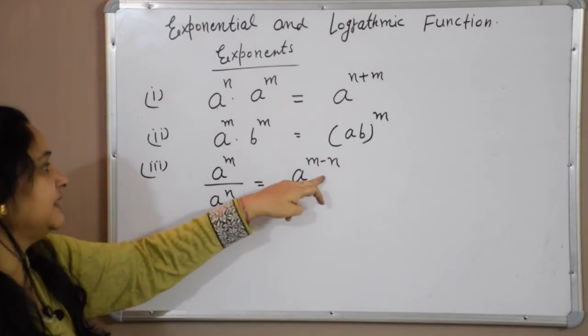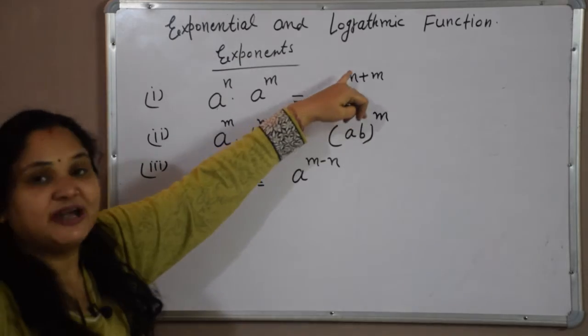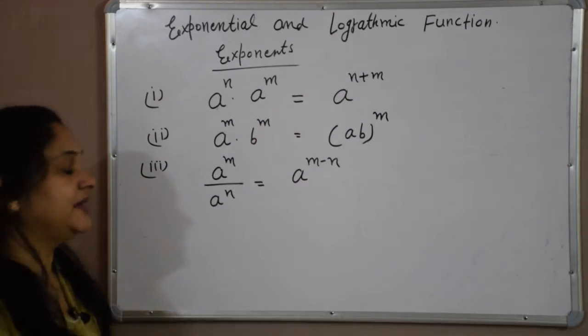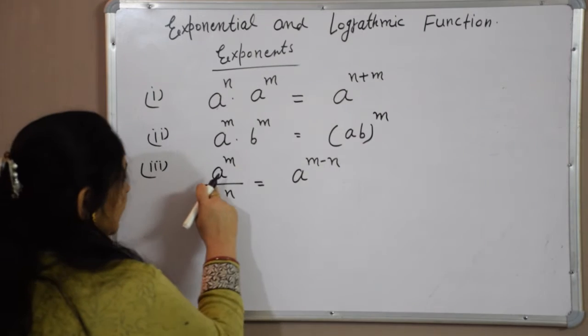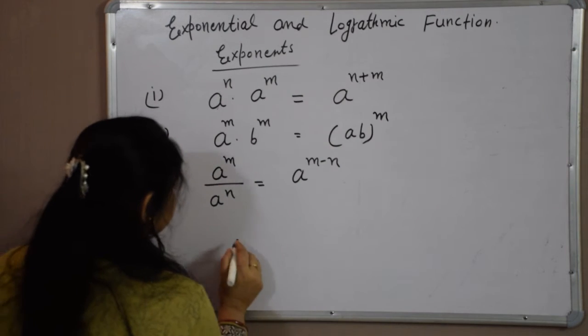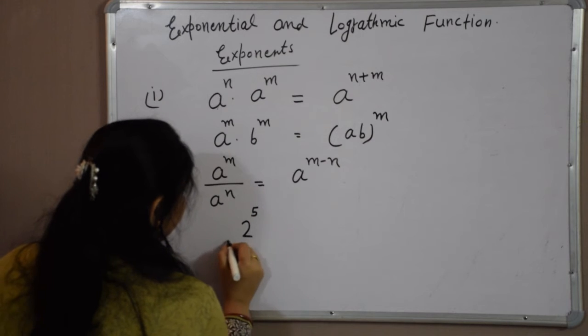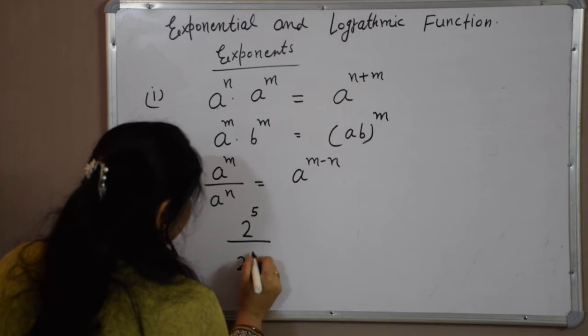We have to subtract the power. In multiplication we add the powers, and in division we subtract the powers. See the example, I am taking 2 raised to power 5 divided by 2 cube.